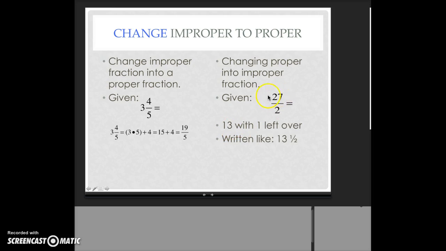So 27 minus 26 would be 1. 1 left over, so we can write this as 13 1/2. Again, the denominator we use is 2, and so 2 goes in this at least 13 times, so that's 26. And then we have 1 left over. We use the 1 for our leftover for the part of the fraction.